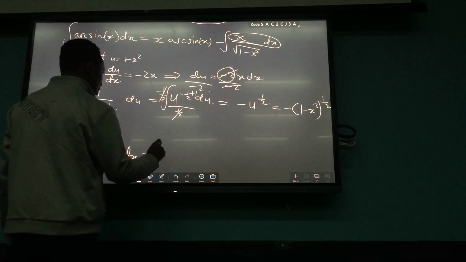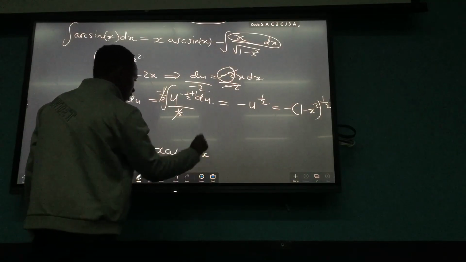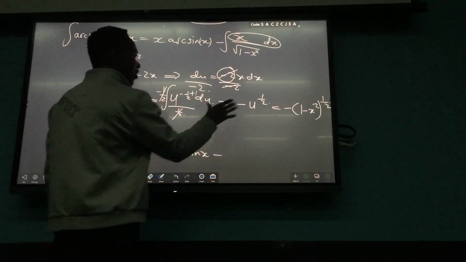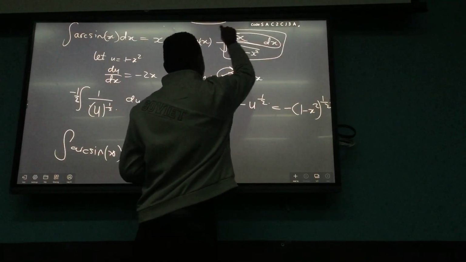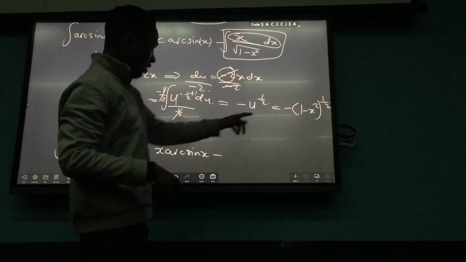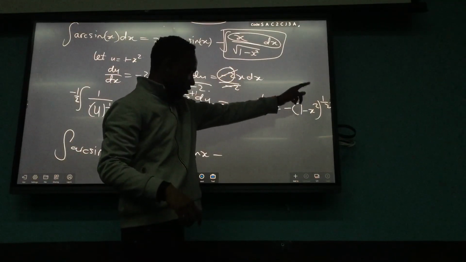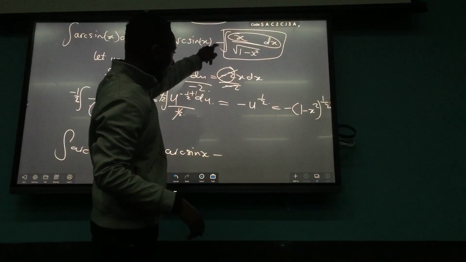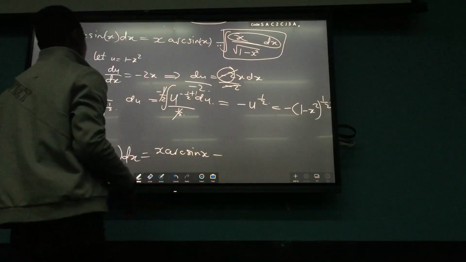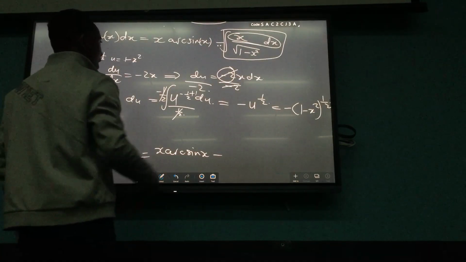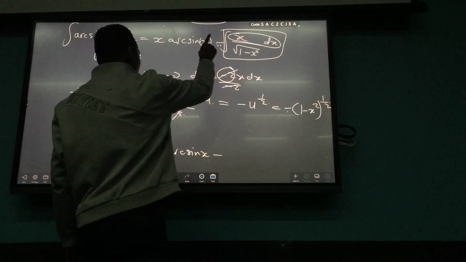That's going to be equal to x arcsin of x minus, now the result that we got inside there is minus 1 over 2. It's minus 1 minus x squared to the power 1 over 2. We already have this negative sign. This negative sign belongs to the formula.